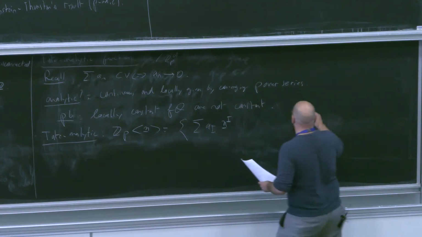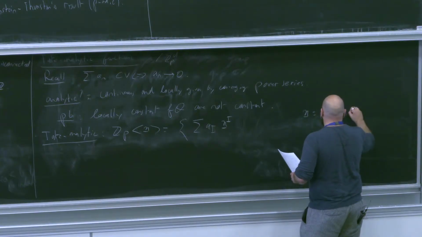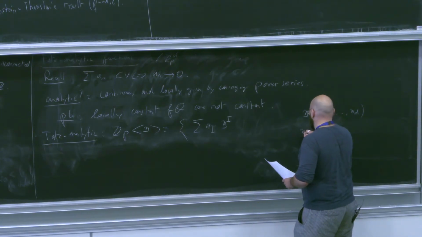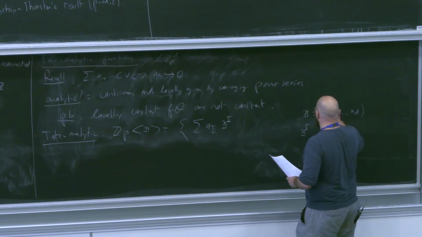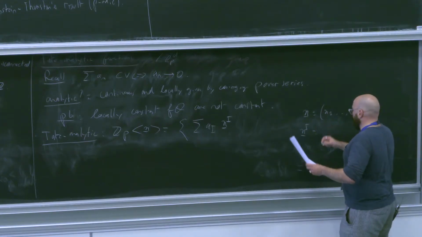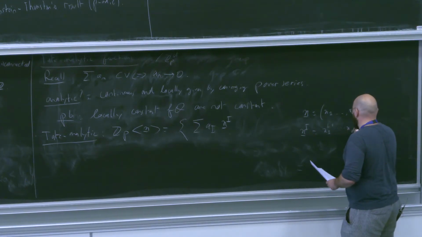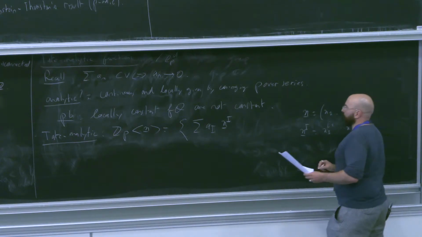For me, X bar is multivariable, X_1 to X_d. When I say X bar to the I, I is a tuple of integers, so this is x_1^{i_1} up to x_d^{i_d}.